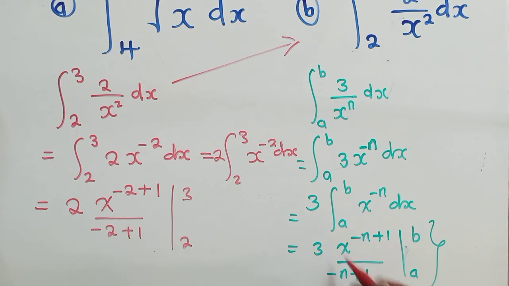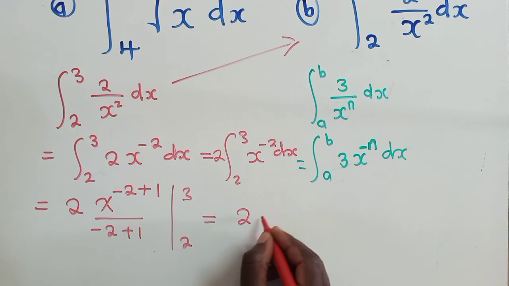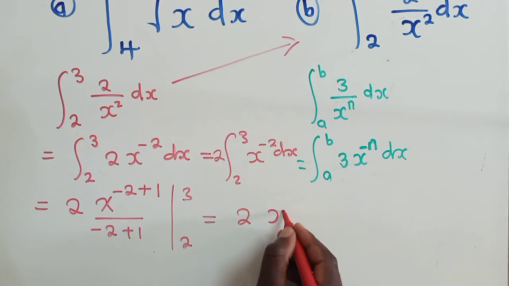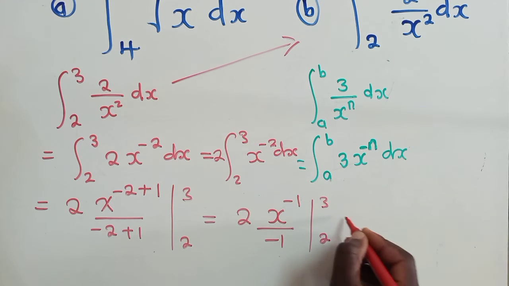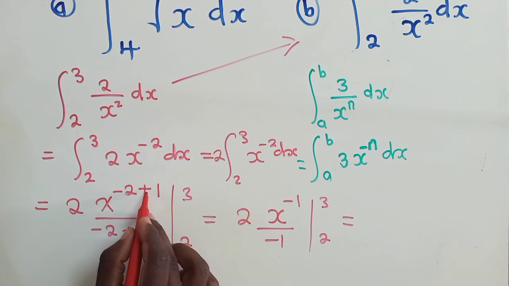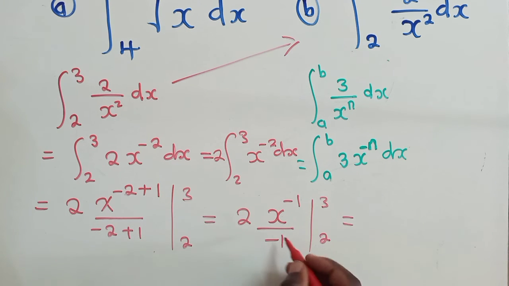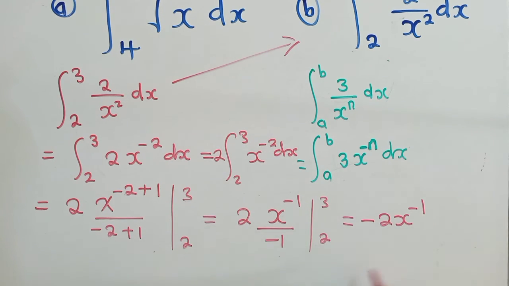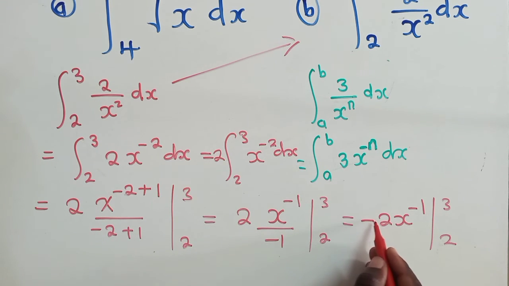So we shall say equal to 2, and we just simplify, we don't need to put brackets, x power negative 1 over negative 1, with limits 2 to 3. So I've just simplified here. Negative 2 plus 1 is negative 1, negative 2 plus 1 is negative 1. So when we divide here, we're going to get negative 2x power negative 1, with limits 2 to 3. You see, when we divide here, the negative will come this side.